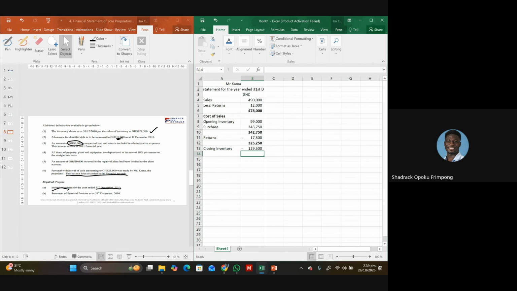Okay, so that gives us, let's just move this way so that we can have a neat computation. And let me add this to it.